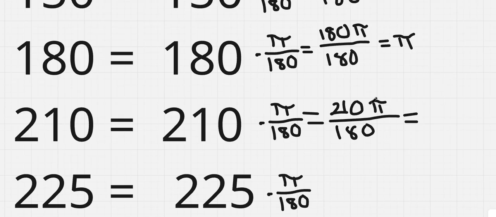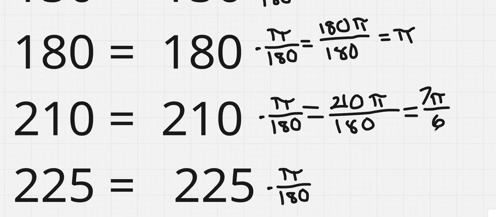So 30 goes into 210: 30, 60, 90, 120, 150, 180, 210. That's 7 times. So that gives us 7 pi as our numerator. And 30 goes into 180 6 times.